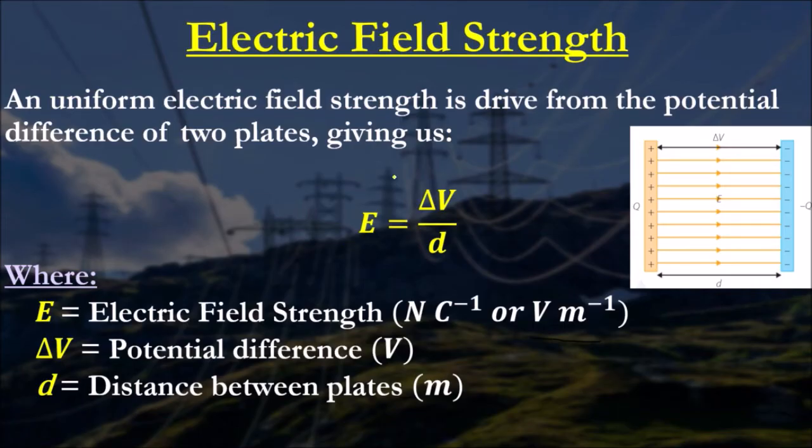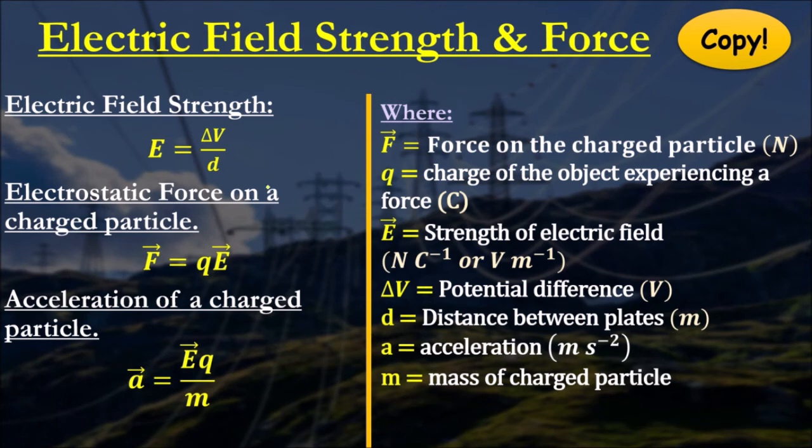Okay, so that's the formula for electric field strength. We've talked about it before. And these are all the formulas. So we have the electric field strength, we have the force experienced by a charged particle in a uniform electric field, and then we have the acceleration experienced by the particle.